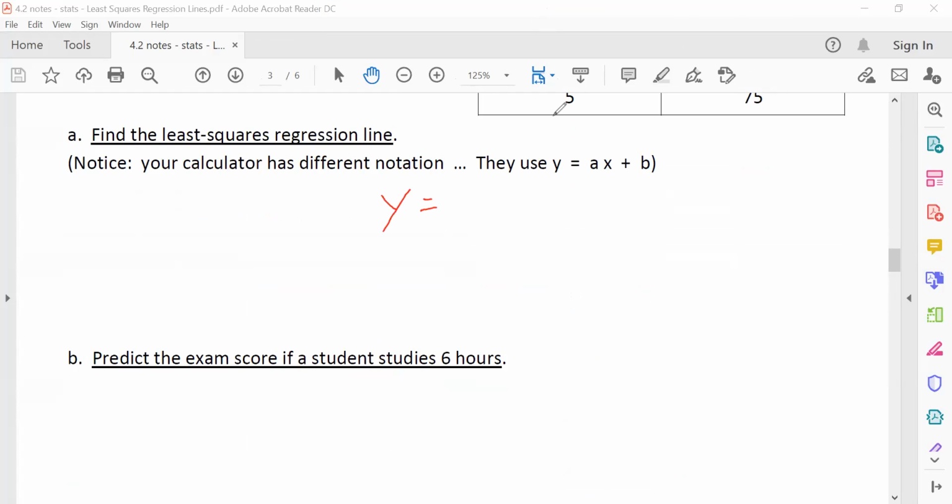Now let me pull up the picture I just took. y = 5.488x + 50.967. That's our linear regression equation for this.